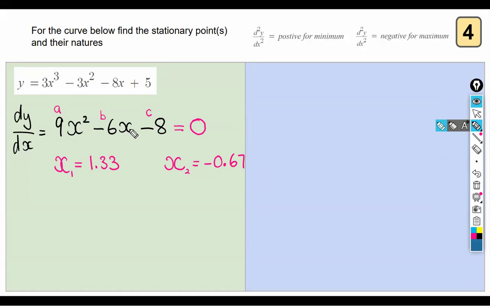So could you all differentiate this expression one more time? The one with the 9 in it? Differentiate it one more time. But you won't get a flush answer. You will get an expression.